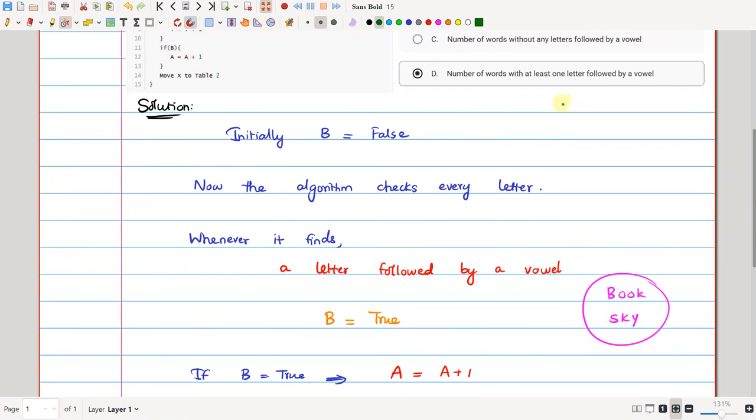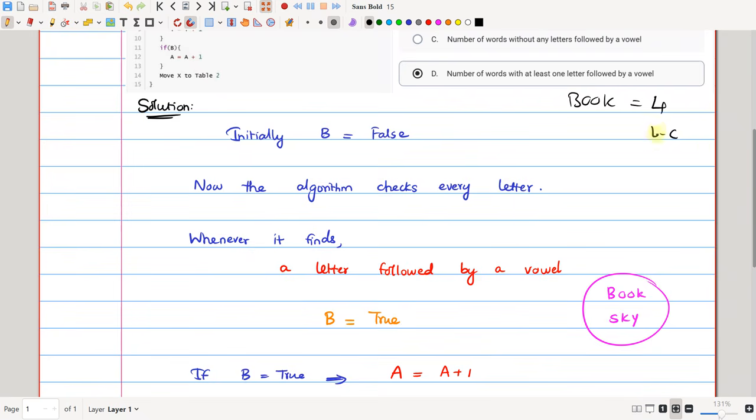See, the condition is, first let's take this word book. At first I is equal to 1, right? So initially the letter count of this word book is 4.